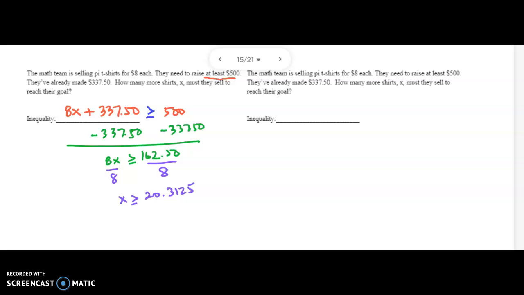That doesn't make sense though, because we're selling shirts. If x represents the number of shirts, you can't sell 20.3125 of a shirt, so we actually need to round this up. We're going to say x has to be greater than or equal to 21.